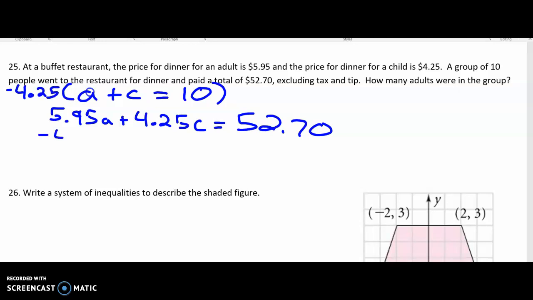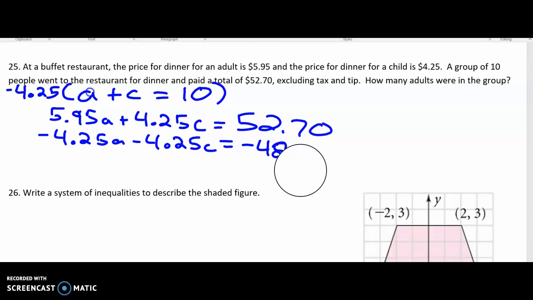So I end up with negative 4.25a minus 4.25c, and finally is equal to negative 42.5. Okay, I don't know why I even bothered doing that. I should just erase it immediately.